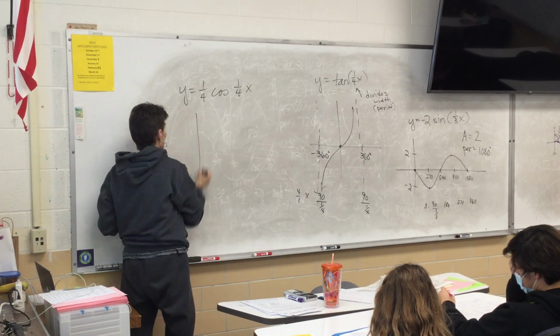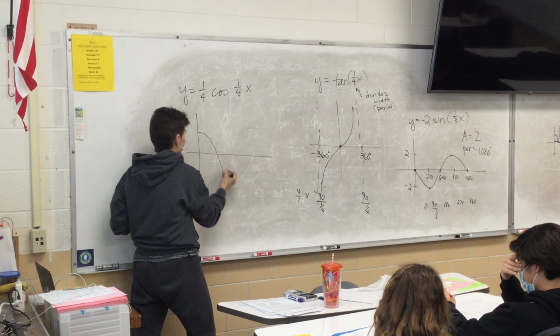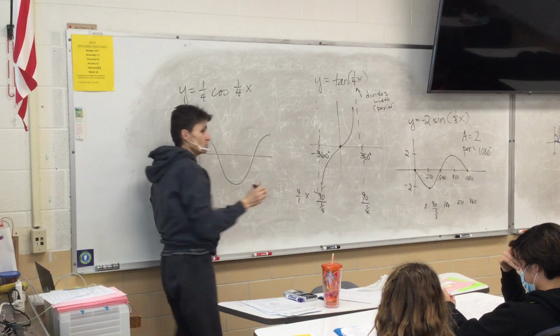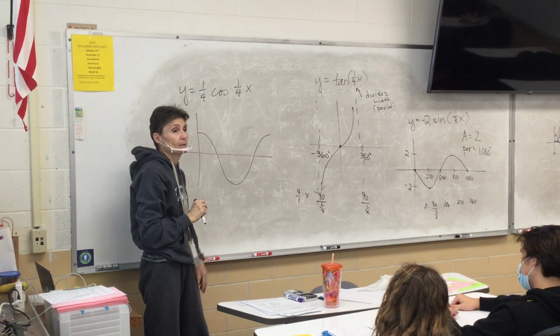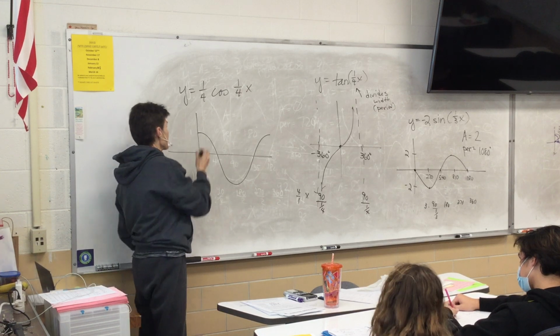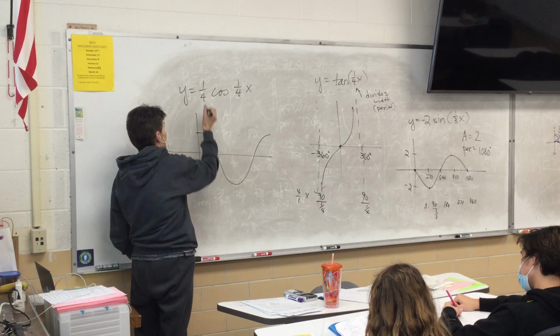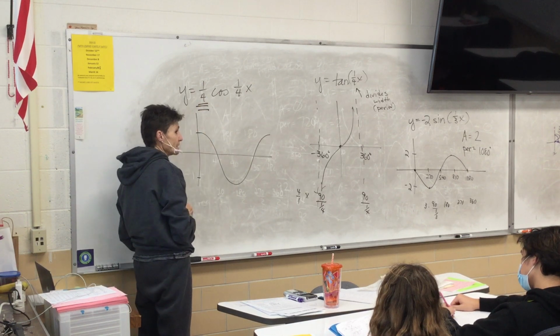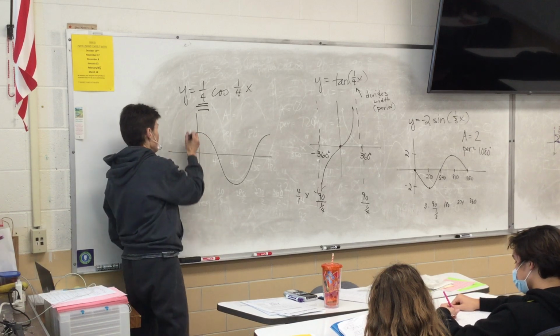Let's start by drawing the basic shape. It's a regular cosine, right? So that's your snowboard thing. How high is it? That's your height number. 1/4.